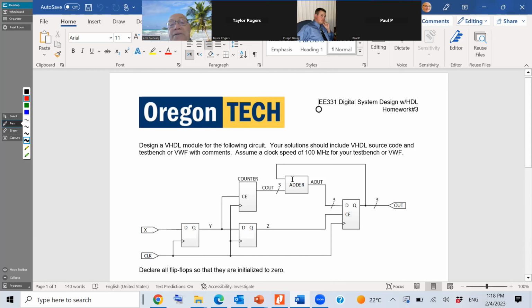So adding what? Adding C out and the feedback, out. Those two are added, and the result is called out. Again, 3-bit going to a D flip-flop. In a D flip-flop, I need chip enable coming from Z and a clock.